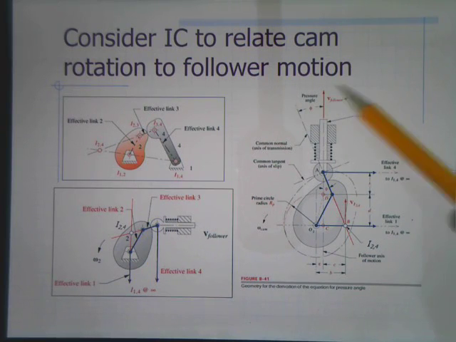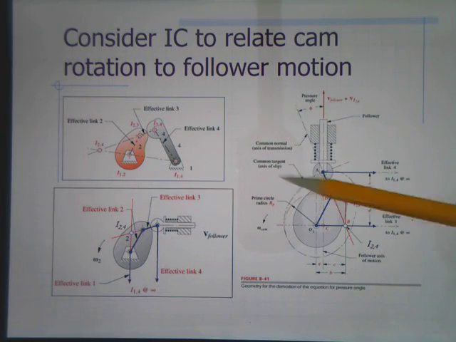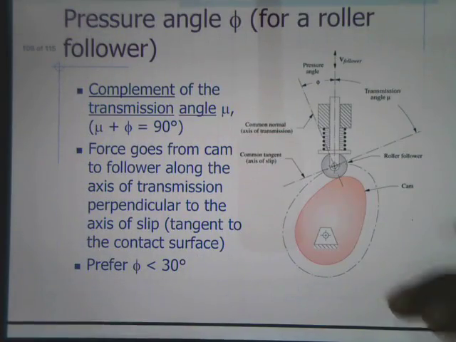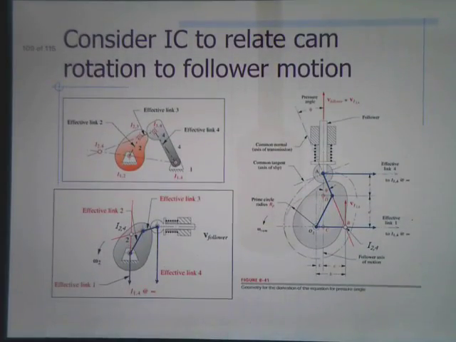Okay, so now let's go over to the figure that I've been using on a couple of other pages. This is a similar figure as on the previous slide, and let's find where that I24 would be. Here's the center of the cam surface where the follower happens to be touching, and there's the center of the follower, so that's our coupler line coming down through, and here's the center of our cam.